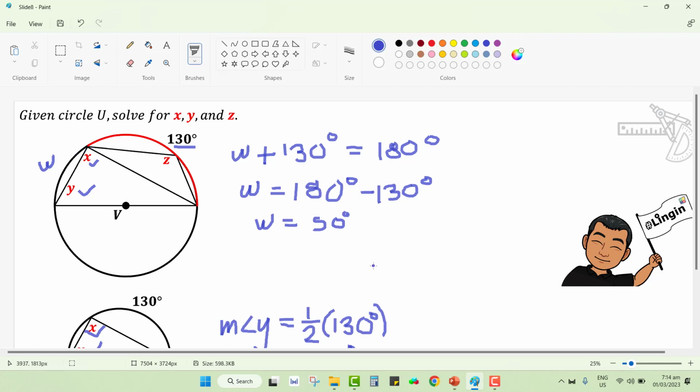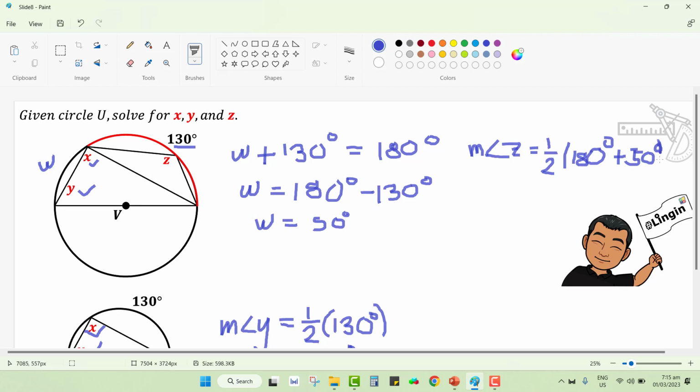That would mean that the measurement of inscribed angle z is equal to 1/2 the sum of the two arcs, which is again 180 degrees as the semicircle, plus this arc, which is 50 degrees.